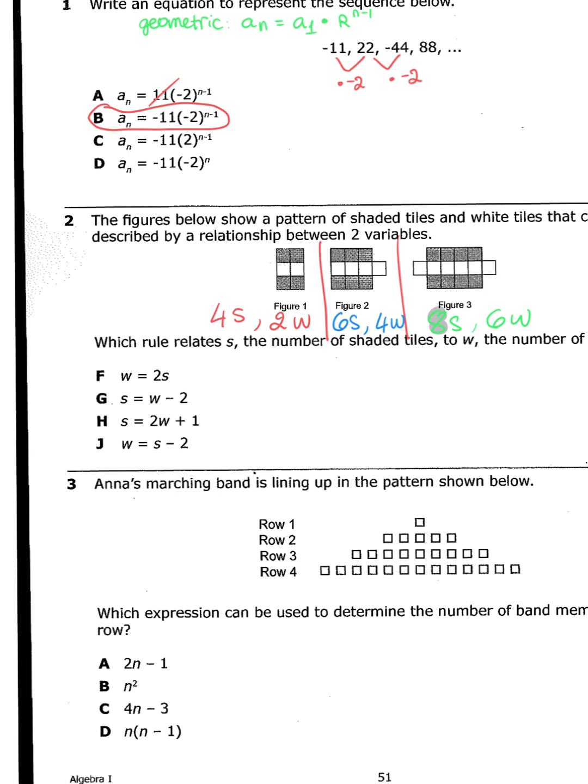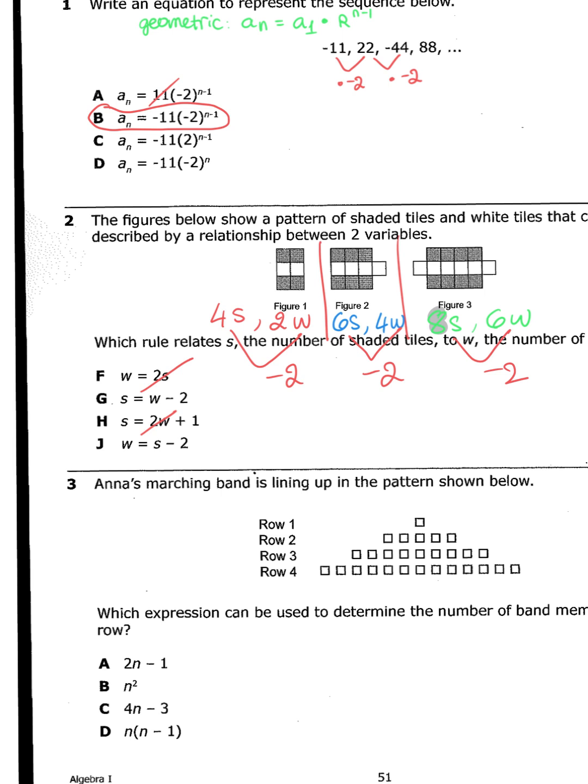And then we can see the relationship between them, right? Shaded to white will be -2 every time, right? So you can eliminate 2 times S and 2 times W, right? Okay, now we have either shaded will be white -2 or white will be shaded -2. All right, so let's take a look at the first one.